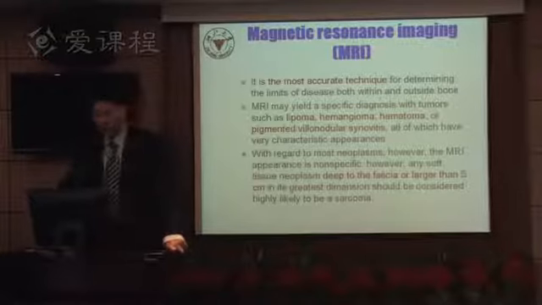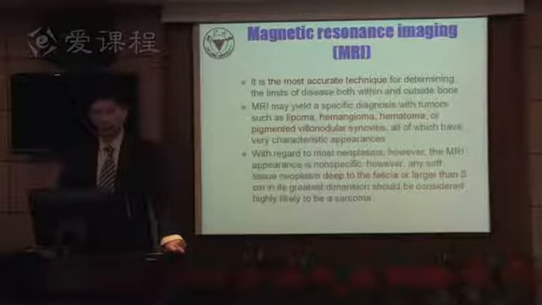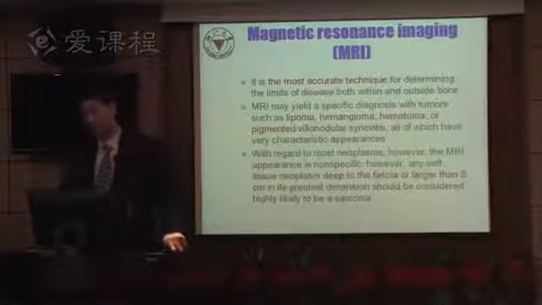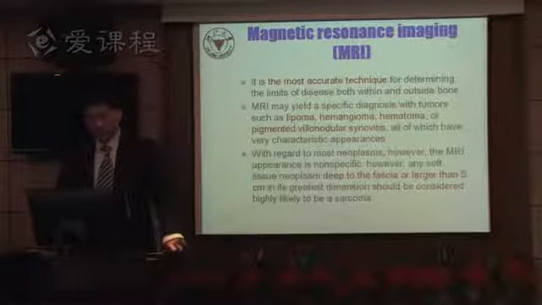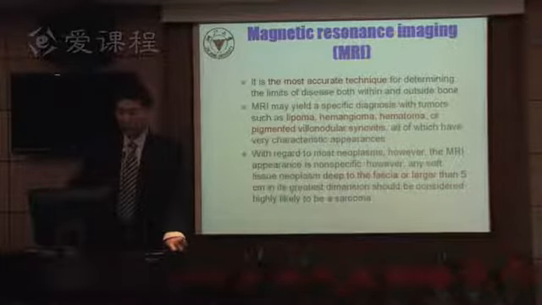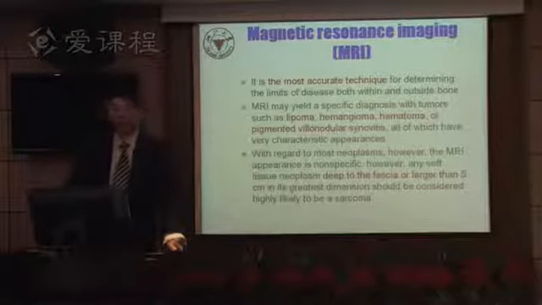And if we do MRI for a specific diagnosis with tumors such as lipoma and hemangioma and hematoma, or pigmented villonodular synovitis, all of these have very characteristic appearances.